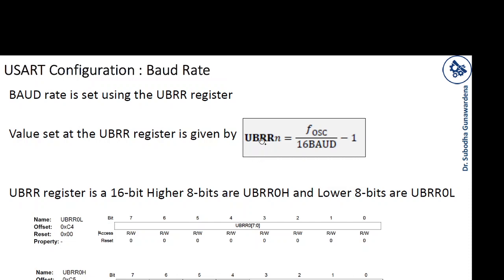In that 16-bit register, the upper 8 bits are called UBRR0H and the lower 8 bits are called UBRR0L, and the value is calculated as the oscillator or clock frequency of the microcontroller divided by 16 times the baud rate, minus 1. Again the lower 8 bits are set to UBRR0L and the upper bits are set to UBRR0H. We will discuss that when we come to that.